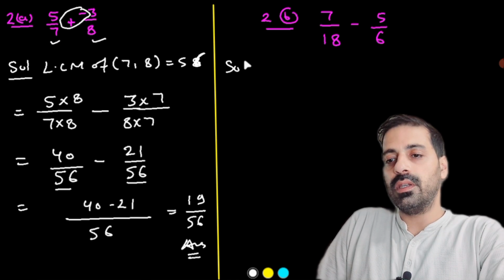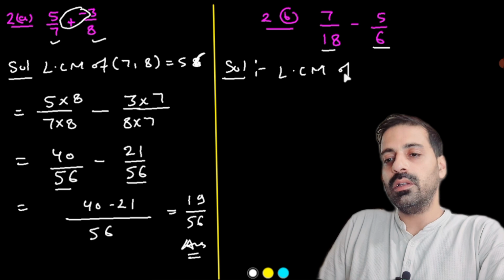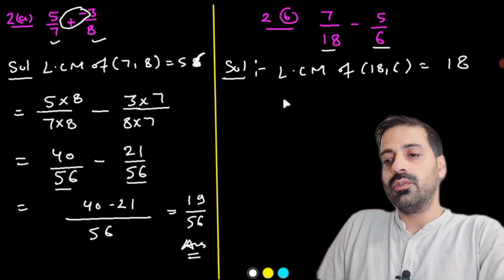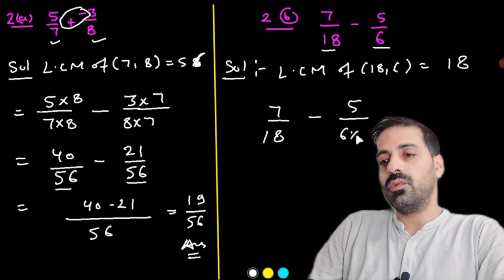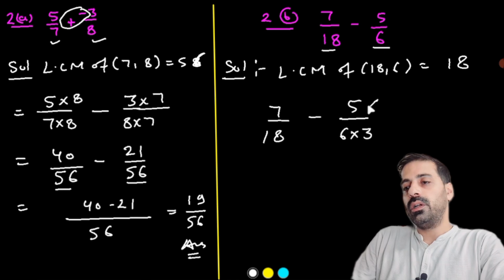Now again we have to solve. Again the denominators are different, so we'll take the LCM of 18 and 6, that will be 18. So 7 upon 18 remains the same because the denominator is the same, but 6 we have to convert into 18, so we will multiply by 3 here and 3 here. So now we have 7 upon 18 negative 15 upon 18.